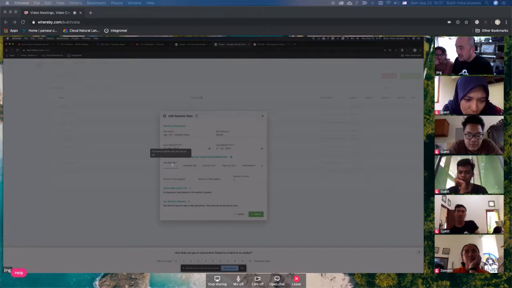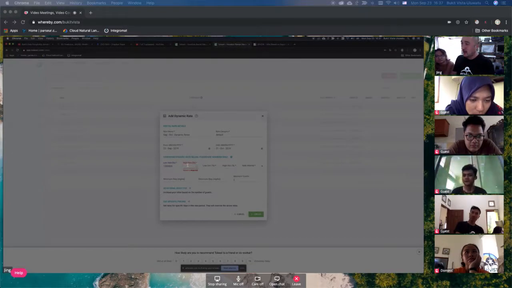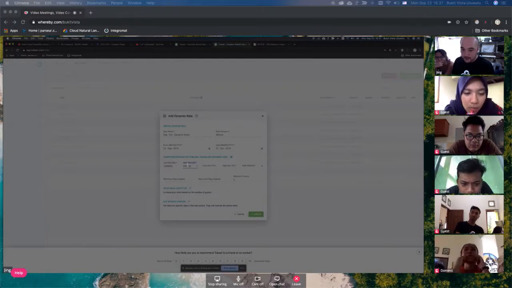I set a low rate. Let's say, for example, the least I will ever sell this villa for is maybe 1.2 million, so I put 1.2 million down as the lowest. It's just an example. Then the high rate, I set maybe 3.5 million, the highest I'll ever sell it for.